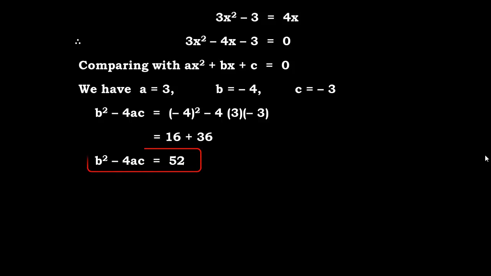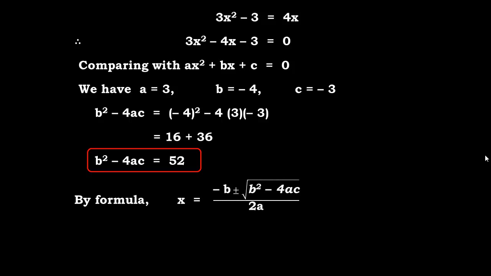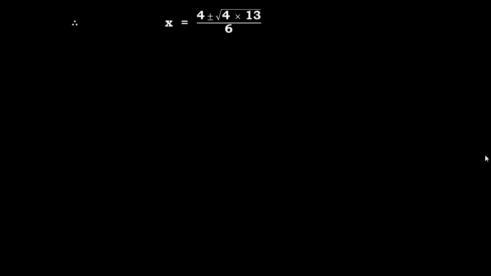So we can use the formula x is equal to minus b plus or minus root of b square minus 4ac upon 2a. So we can substitute the values: minus 4 plus or minus root of 52 upon 2 into 3. Now minus becomes plus. So x is equal to 4 plus or minus, we can factorize this 52 as 4 into 13, upon 6.